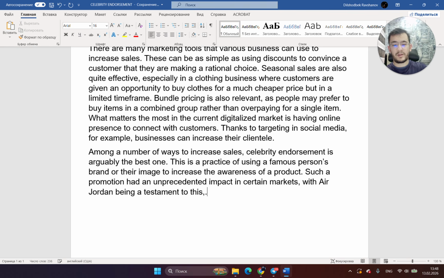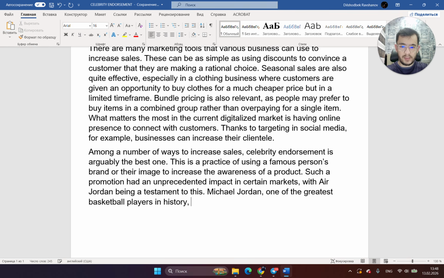You guys remember I talked about Michael Jordan here, right? So we can say Michael Jordan, one of the greatest basketball players in history. This is a good use of relative clause. I'm specifying who he is in the middle of the sentence, as you can see.